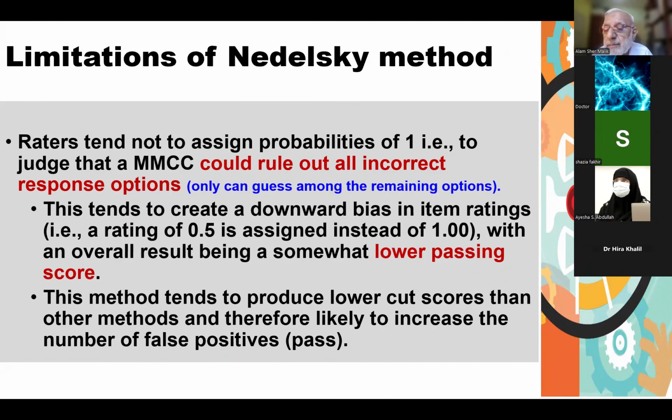If it is, for example, a 4 option question, the minimum they would give is 0.5. In this way, a lower passing score is possible. So that is another limitation. This method tends to produce lower cut scores than other methods, and is therefore likely to increase the number of false positives or false passes.